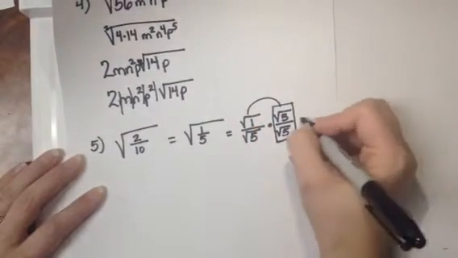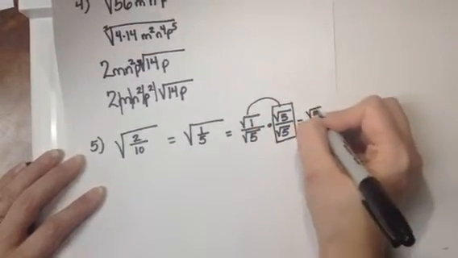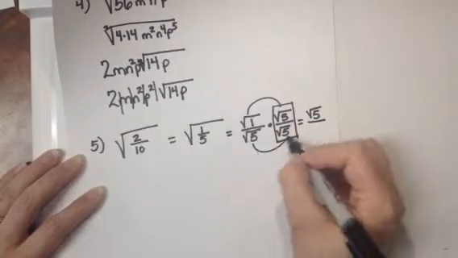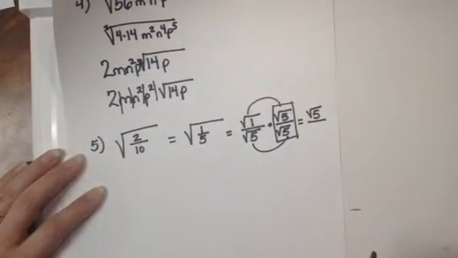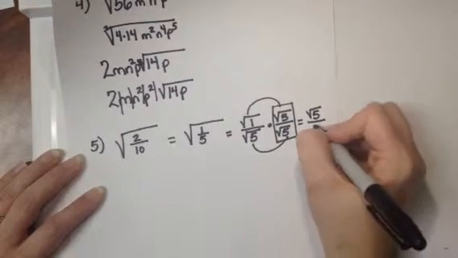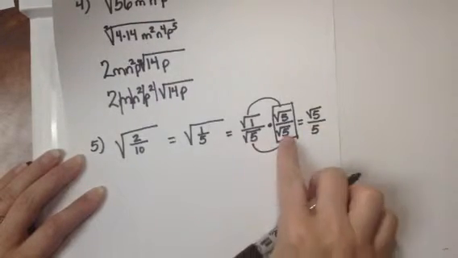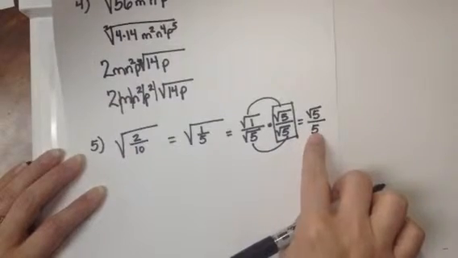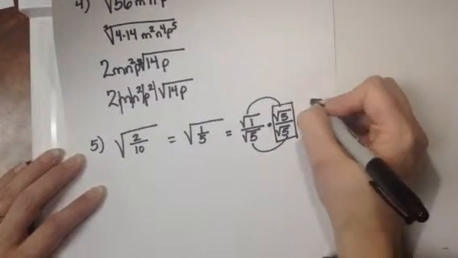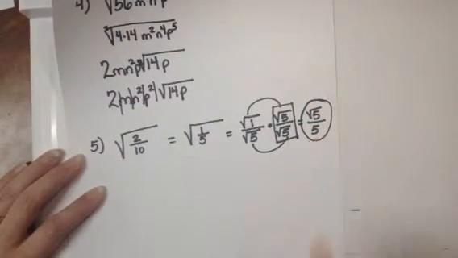Square root of 1 times square root of 5 is square root of 5. Square root of 5 times square root of 5 is the square root of 25, which is 5. So any radical times itself is just the number. Now I have it completely simplified with no radical in the denominator.